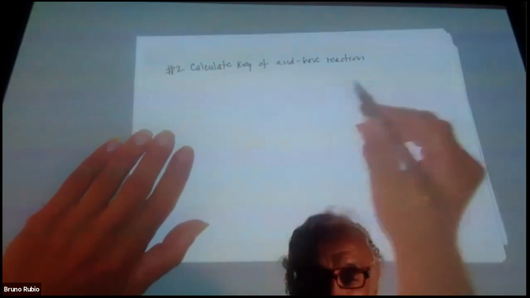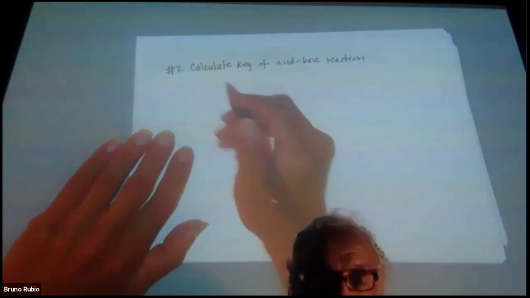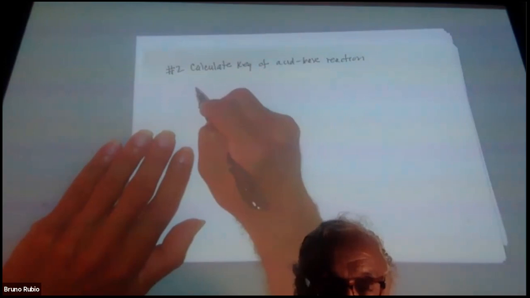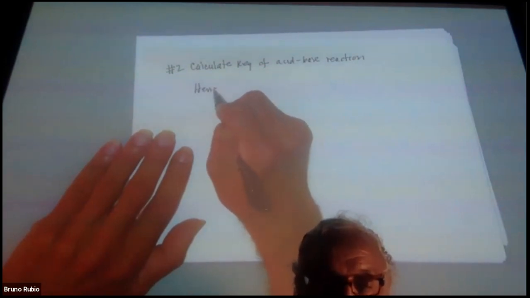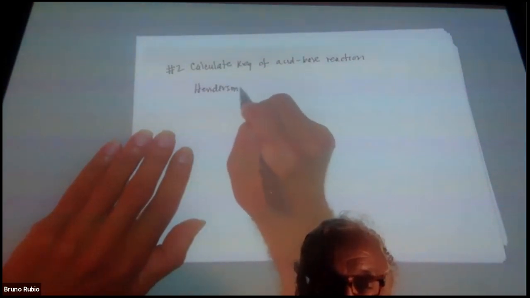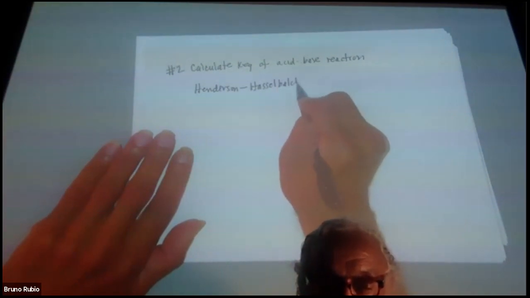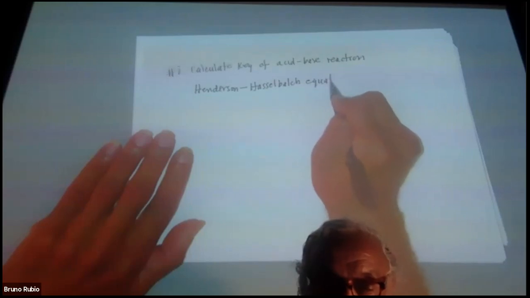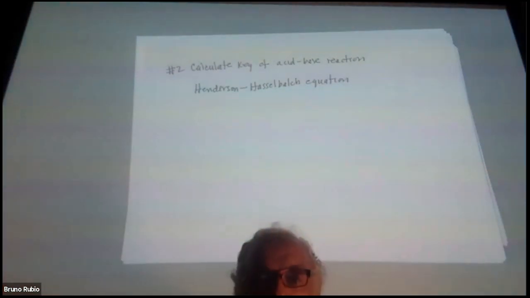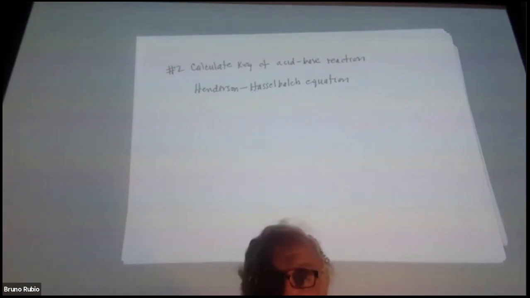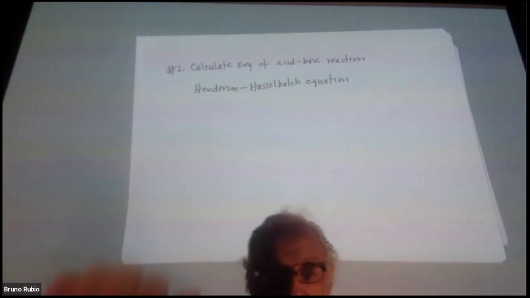And what we use to calculate the KEQ of an acid-base reaction is the Henderson-Hasselbalch equation. I hope you met this equation in Gen Chem. I'm going to give it to you now. You don't have to memorize it, but you do need to know what the symbols of the equation mean, and you have to know how to use it.